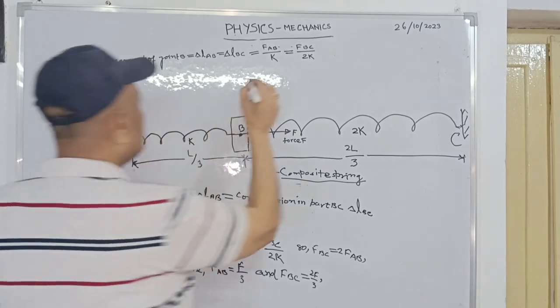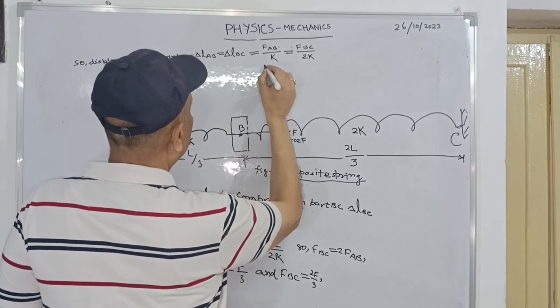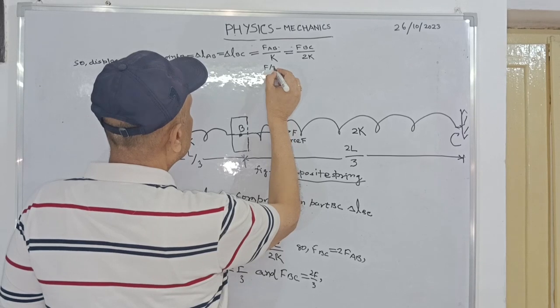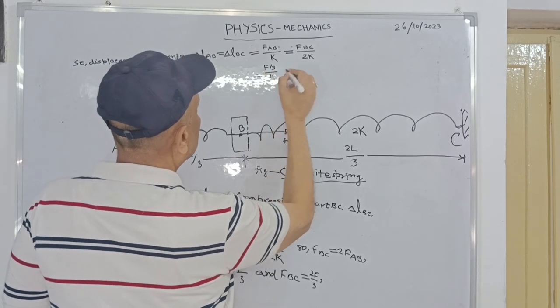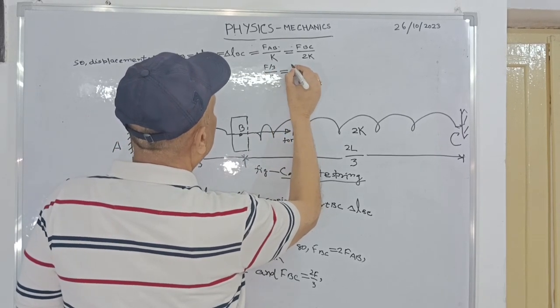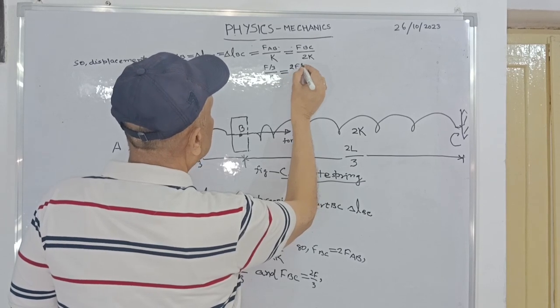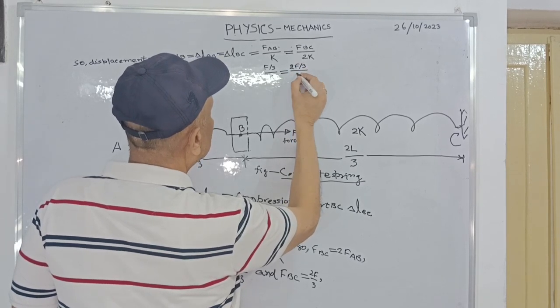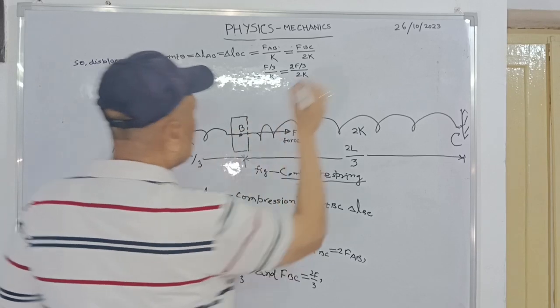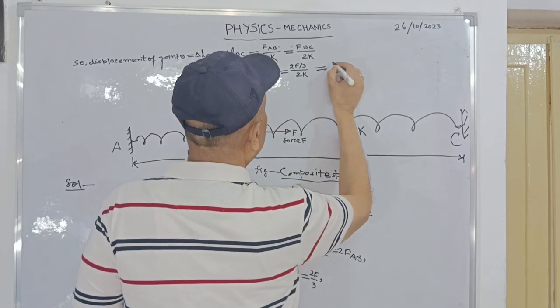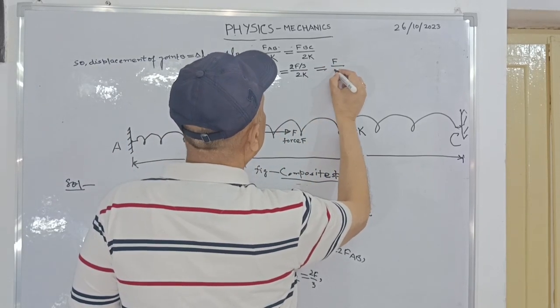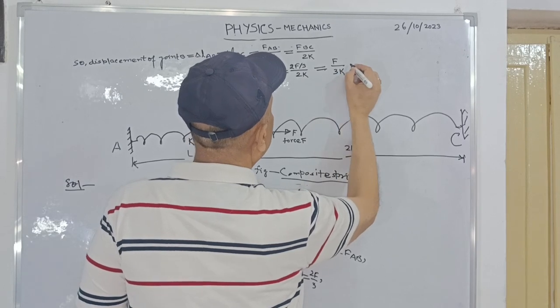That equals F by 3 by K, which equals 2F by 3 by 2K, which is equal to F by 3K. That is the answer.